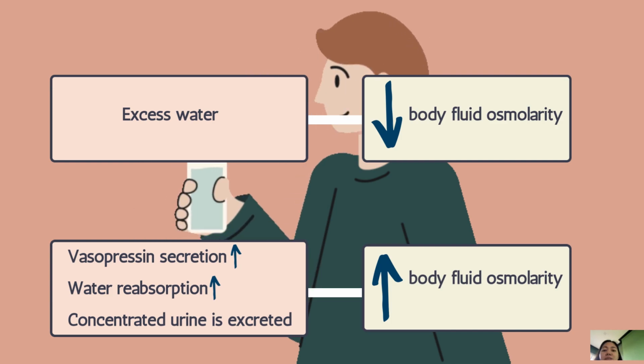Water reabsorption by the collecting ducts increases also, and a very small volume of highly concentrated urine is excreted, by retaining relatively more water than solute. The kidneys help reduce the body fluid osmolarity back toward normal.